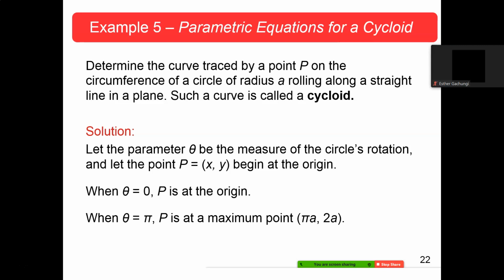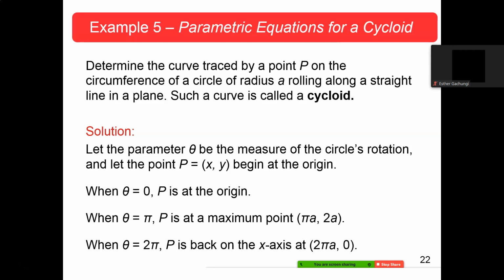I wish they had the picture already. And then when you turn exactly pi, so it's going from down to straight up, now you're at a maximum point. And that maximum point is pi times A, that's the X distance, and 2A is the Y distance. Okay? So let's see that.